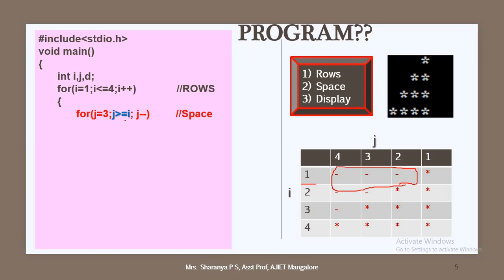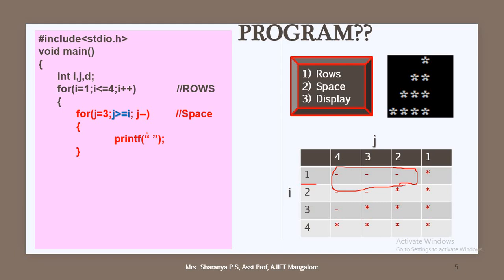J should be greater than or equal to I. So maximum till I value equal to 1, it needs to keep printing these spaces and J will keep decrementing each time. The major display operation here is we have to display the space. That's why in the printf statement we have just given the space.